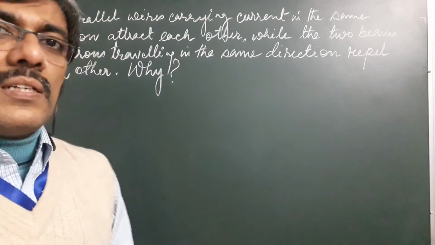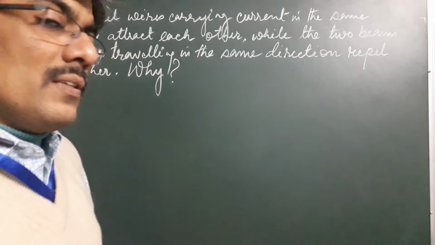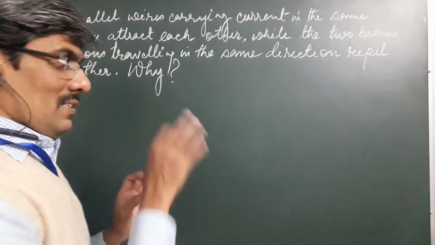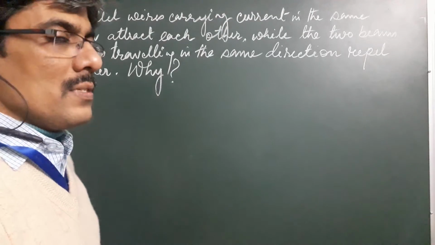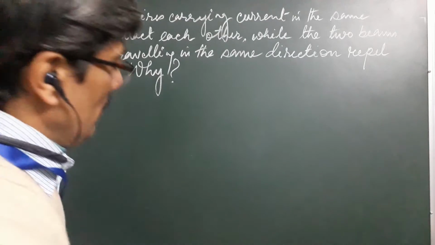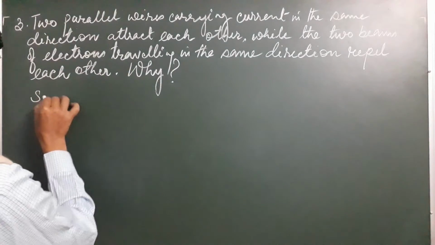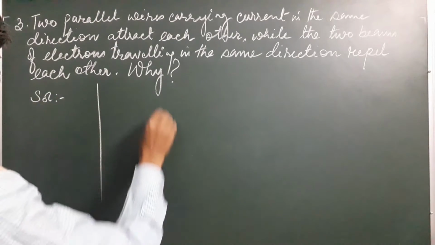They repel each other, but two current carrying wires, they attract each other. Isn't it strange? Because in current carrying wires, it is generally the electrons which are moving, and they are moving in parallel direction. See, what is the case? This is what is being asked.